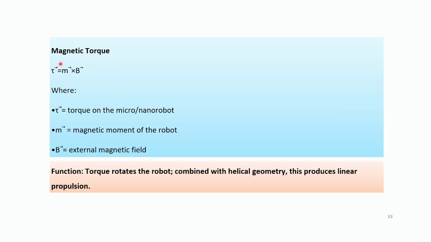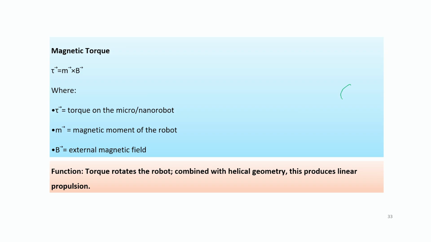Tau is the torque generated on the micro nanorobot, and that is how it will move. Torque rotates the robot, and combined with helical geometry this produces linear propulsion. So your bot has a helical geometry.